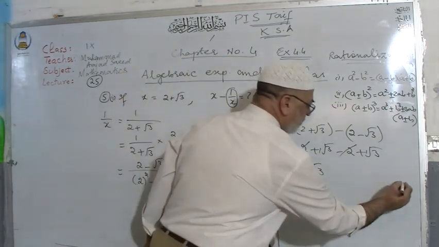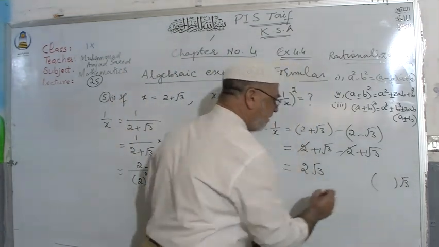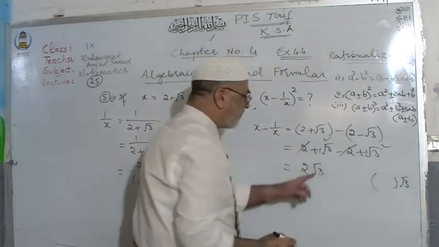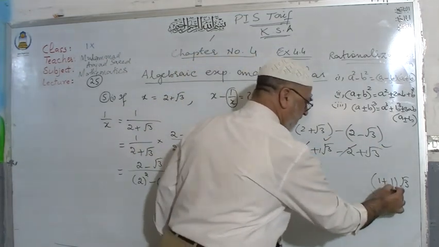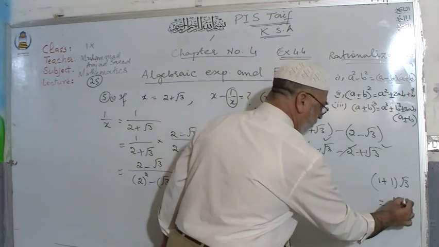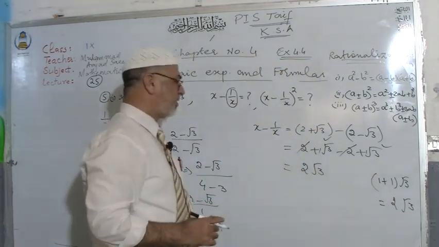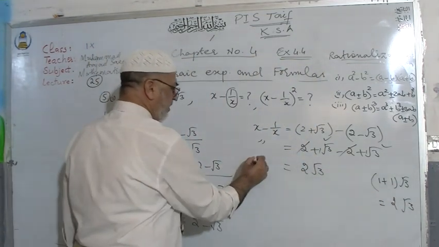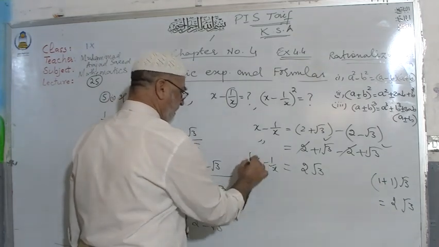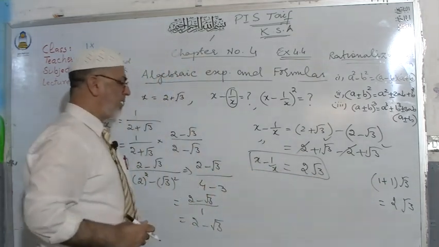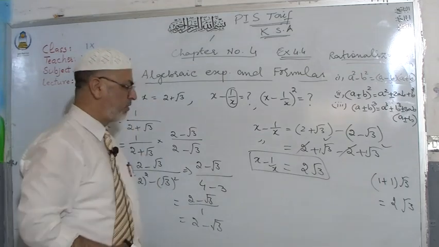Basic concept is you are taking root 3 common from here. What is left inside? 1 plus 1. So this is the reason you are getting 2 into root 3. That is your first answer. X minus 1 over x is equal to 2 into root 3.